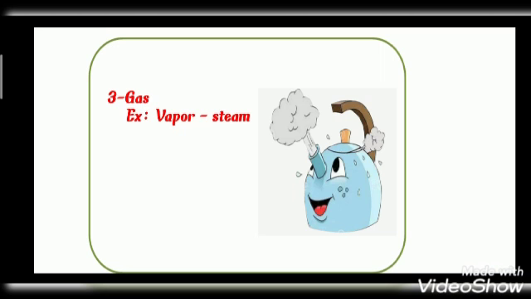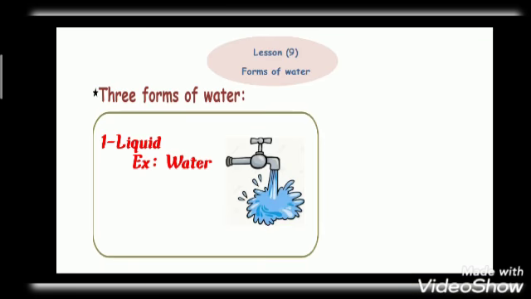Gas like vapor or steam. So, Junior 2, we have how many forms of water? 3. Liquid, solid, gas.